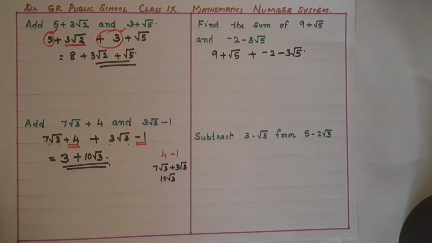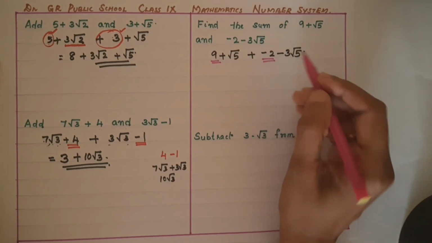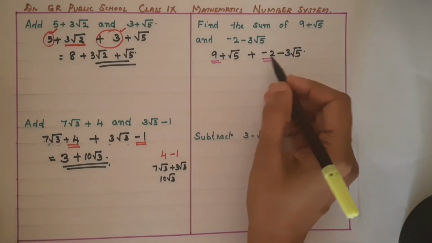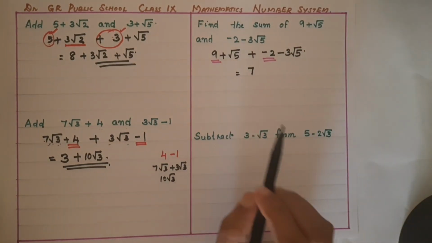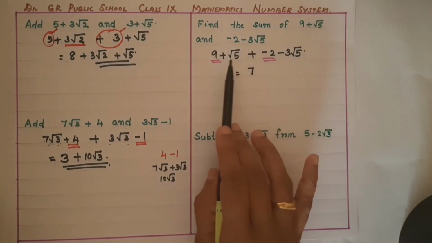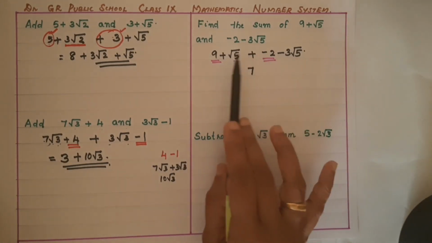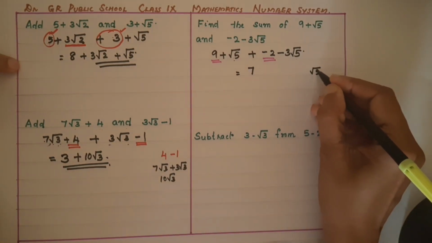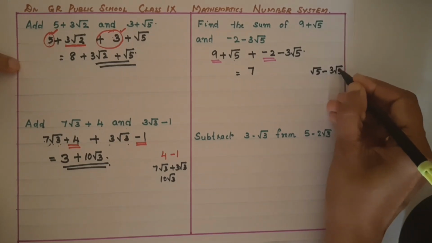Same procedure we are doing. Rational part we have 9 and minus 2. What is 9 and minus 2? 9 minus 2 is 7. Then irrational part, can we add? Yes, root 5 and here minus 3 root 5. Same surds. So we can add them. Root 5 minus 3 root 5.